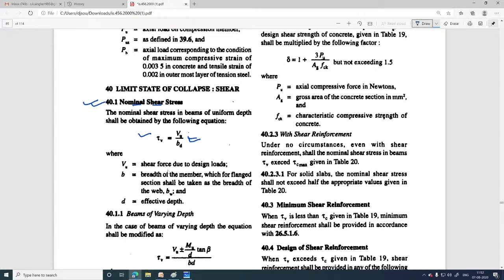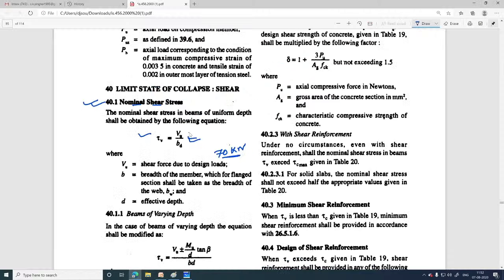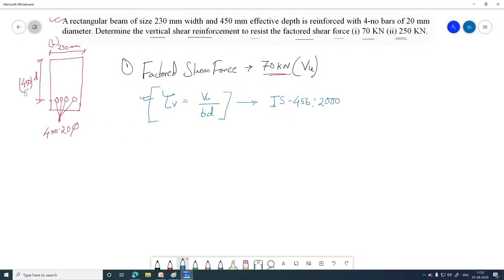VU is the shear force due to the design loads, which in our case is 70 kilonewton. B, the breadth of the beam section, is 230 mm, and D, the effective depth, is 450.